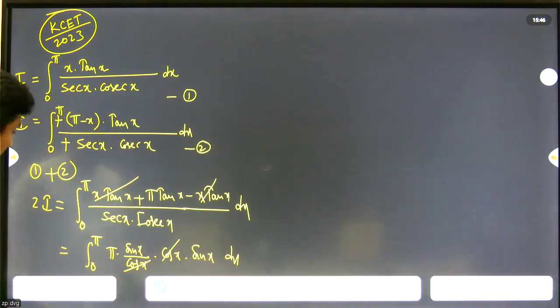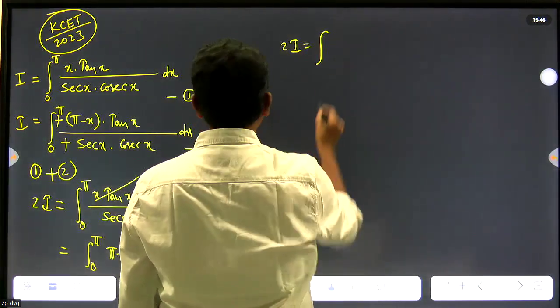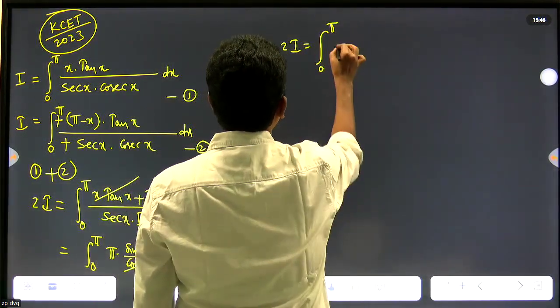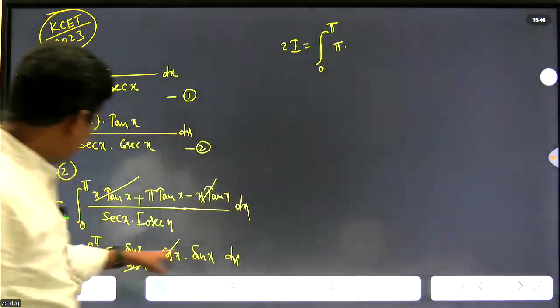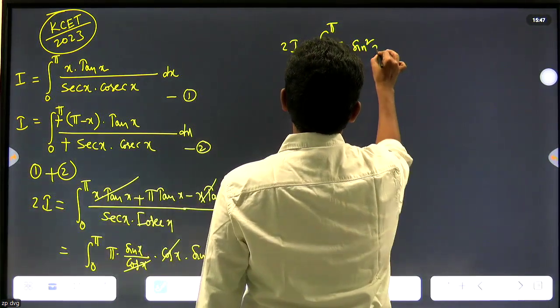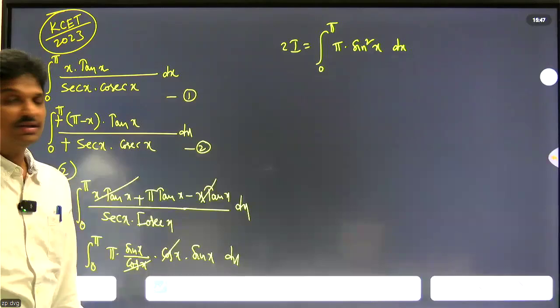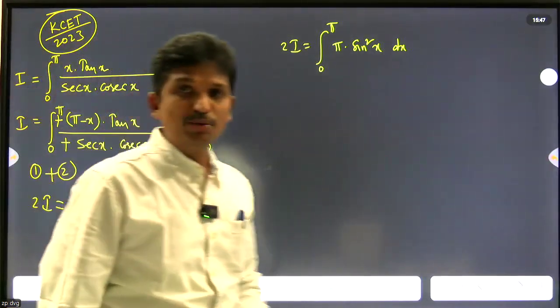So this cos x will get cancelled. So what you will get here? 2I equal to integral of 0 to pi into sin x into sin x, sin square x dx, right? At this point, you can do this problem in two methods.